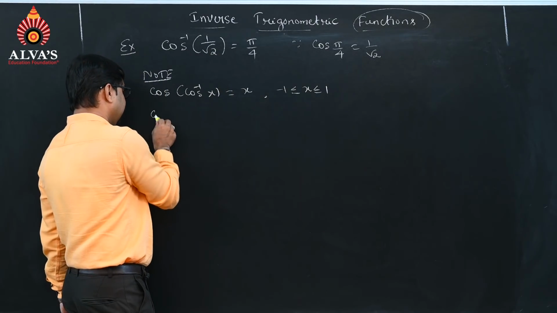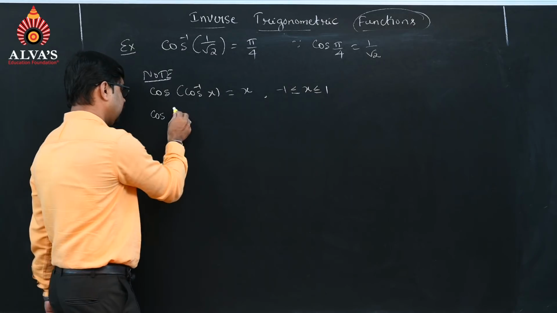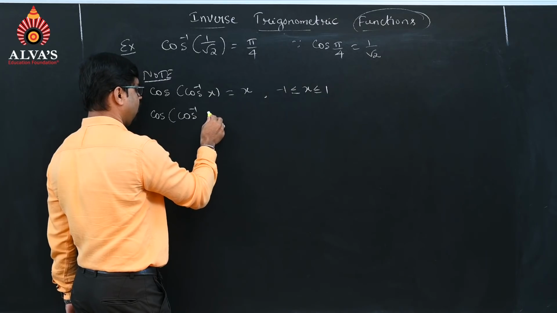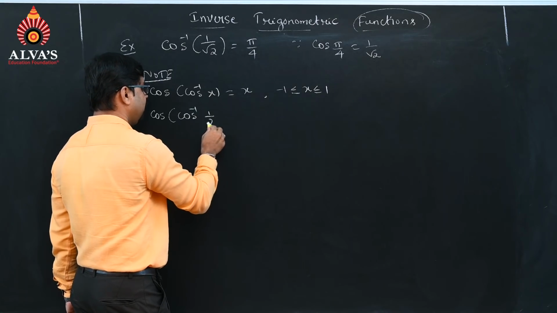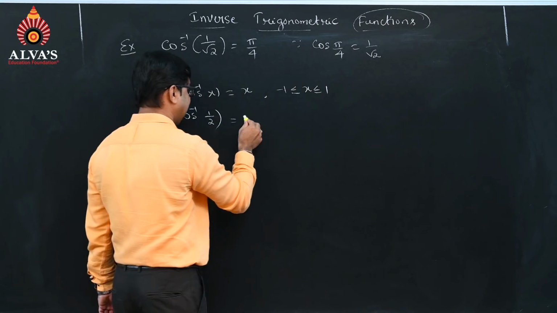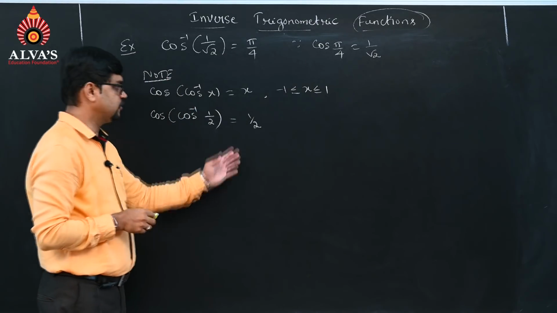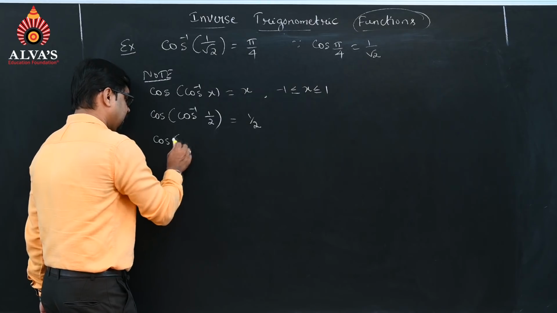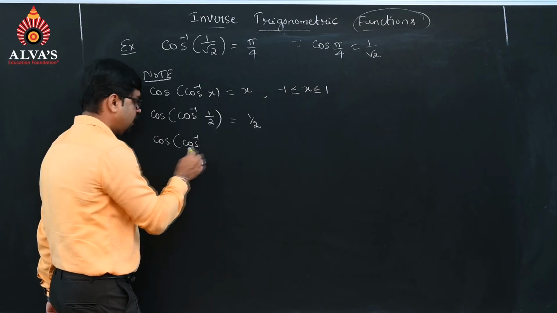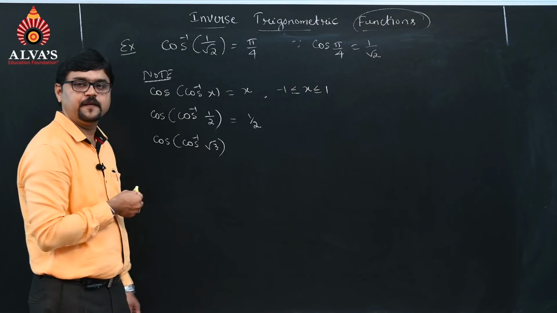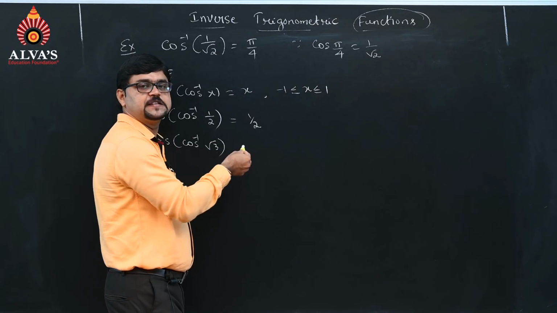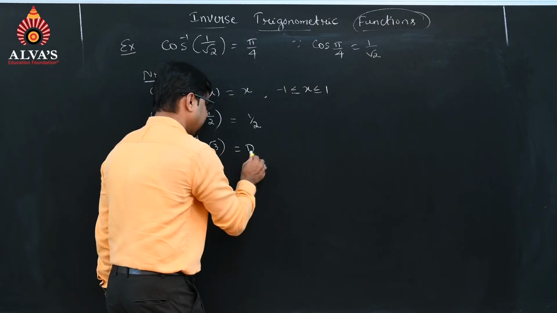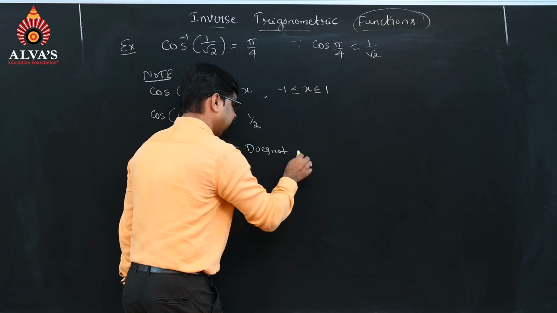You can use this property directly, so cos of cos inverse of 1 by 2 is 1 by 2, because 1 by 2 comes under minus 1 to plus 1. Suppose they ask cos of cos inverse of root 3: now root 3 value is more than 1, approximately 1.7. So the answer does not exist.